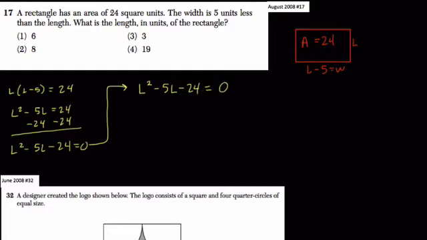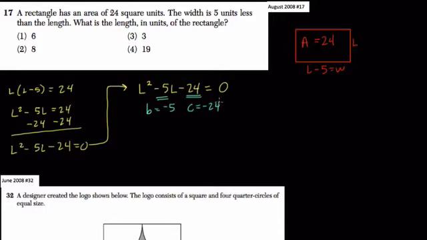The general approach in all quadratic equations like this is to hopefully find two factors of the C term, negative 24, that add up to the B term. So C equals negative 24 and B equals negative 5. So what factors of negative 24 add up to negative 5? We can just start testing, but I'm going to go right for 8.